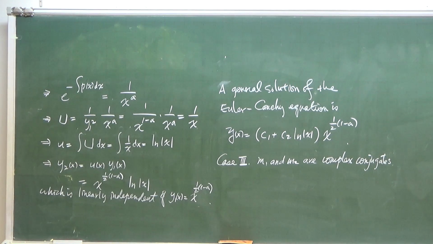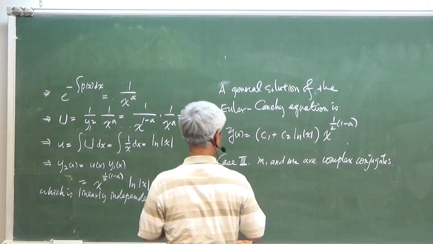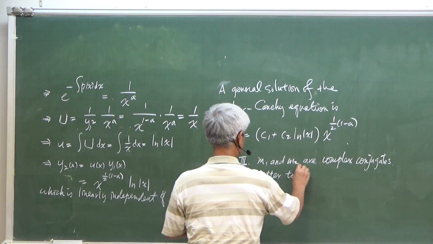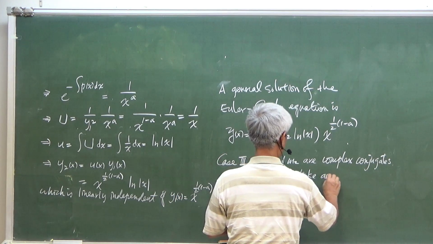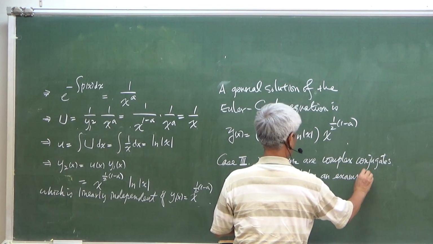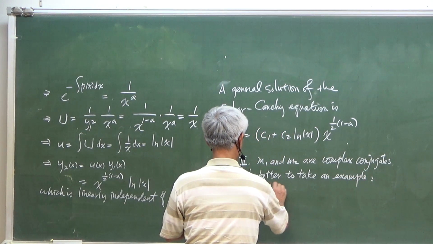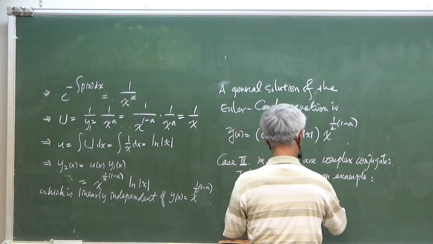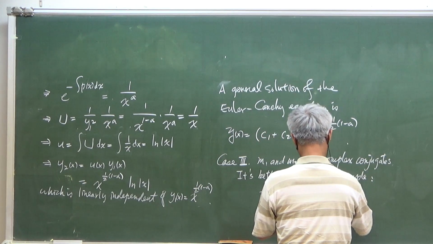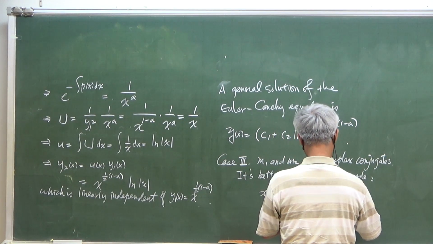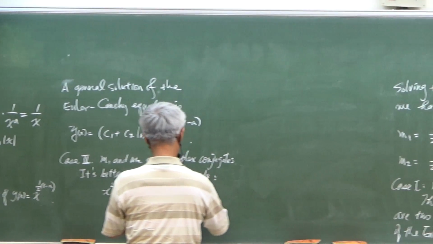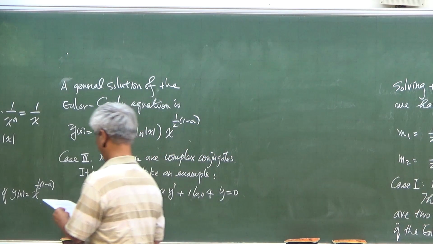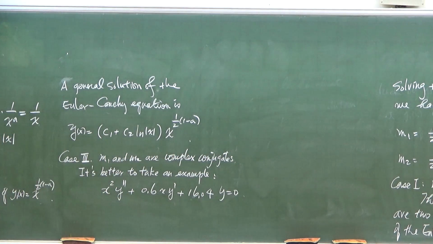It's better to take an example. Okay, so we consider x squared y double prime plus 0.6x y prime plus 16.04 y equals 0.